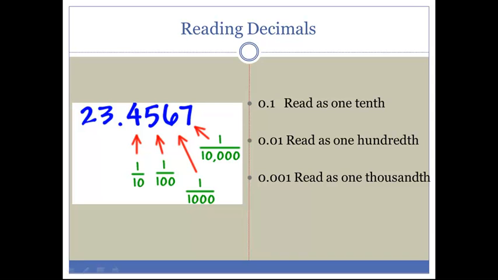If I say round this number to the nearest 10th, it would be 23.4, okay? If I say round it to the 100th, it would be 23.45, okay? And then if I say round to the 1000th, which we rarely do in medication calculations, it would be 23.456.